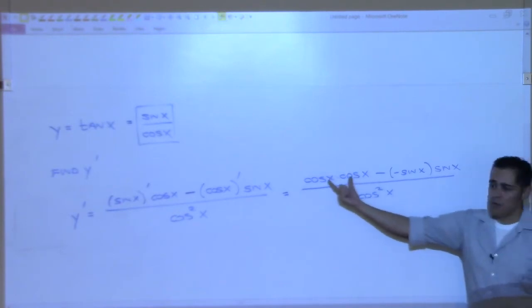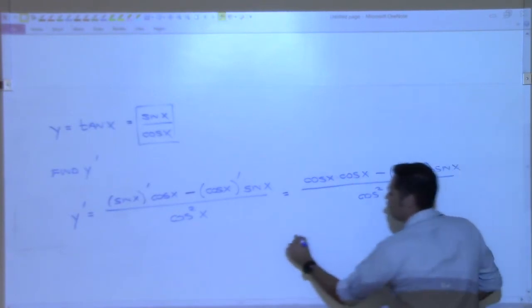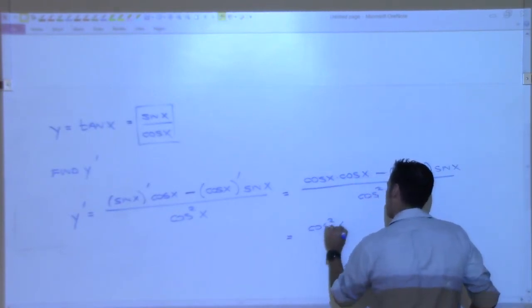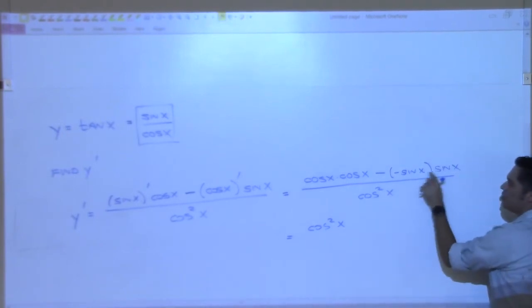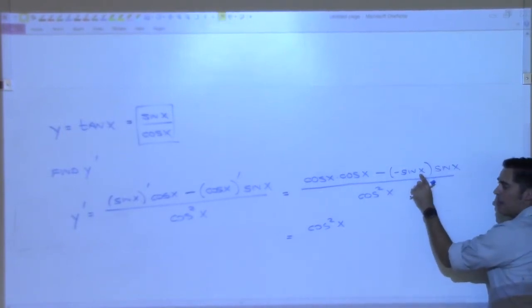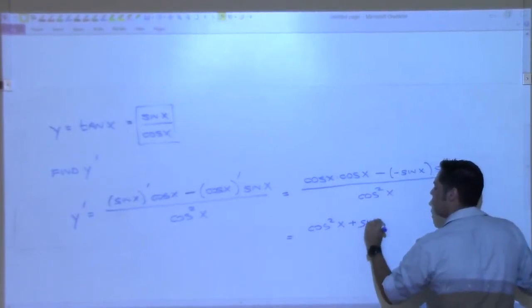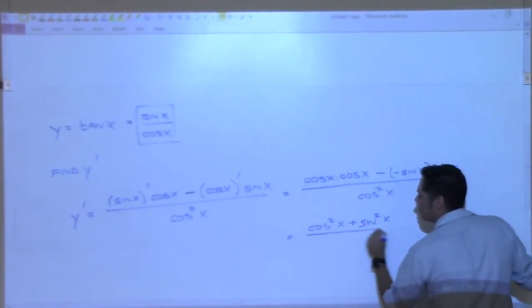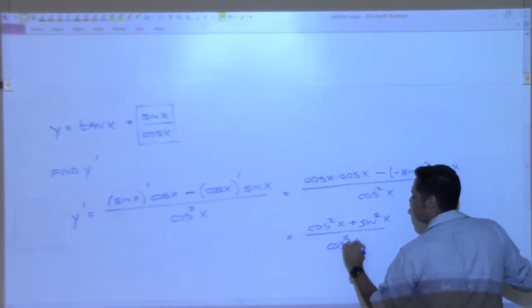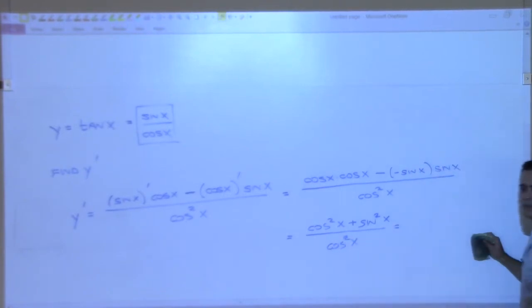Now this becomes cosine squared x. And then these two multiply to sine squared, right? And then minus a negative is plus. So it's plus sine squared x. And I hope the little light bulb in your brain went off.